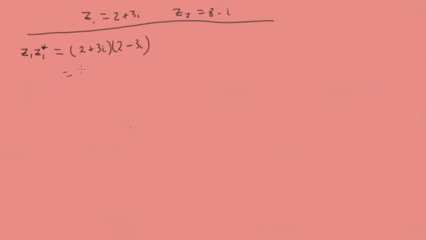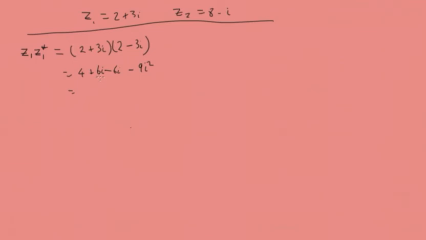So we've got 4 plus 6i, minus 6i, minus 9i squared.